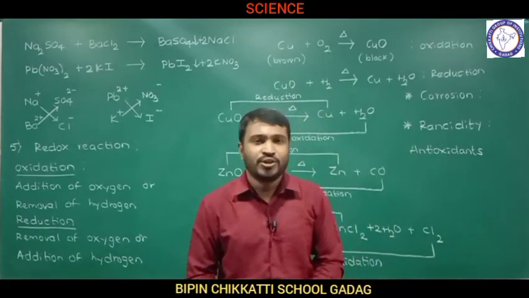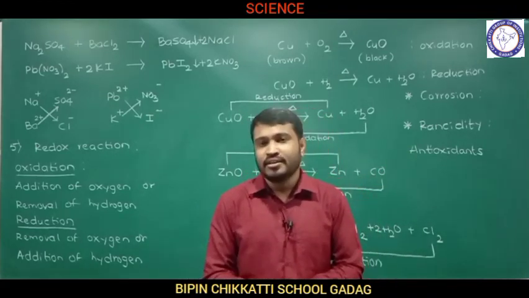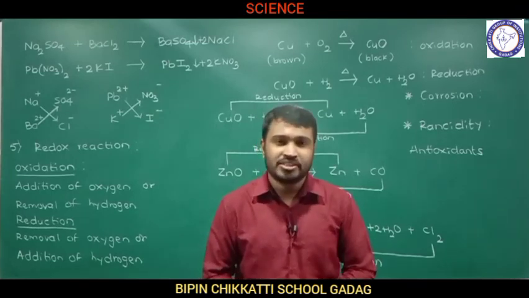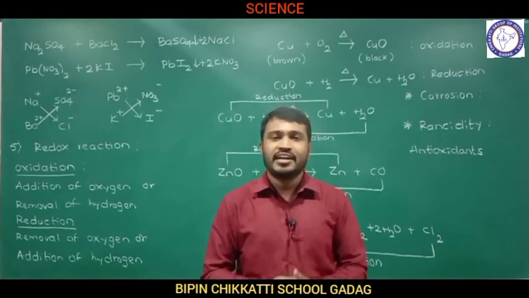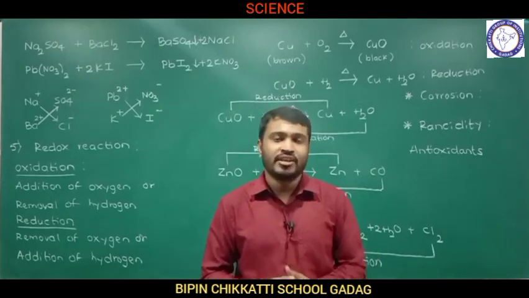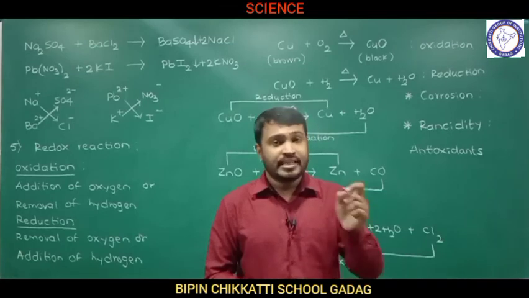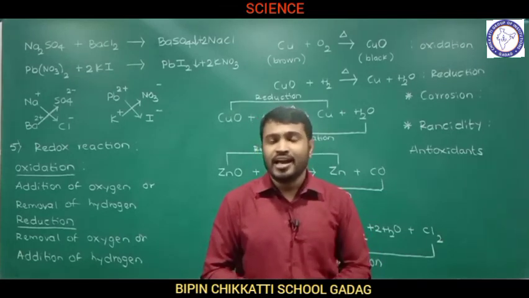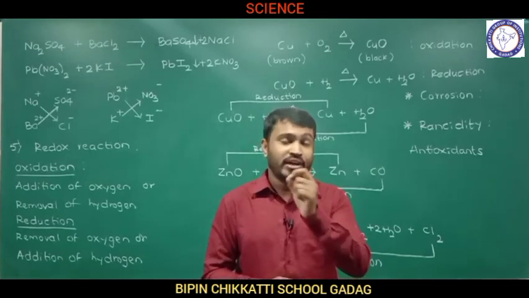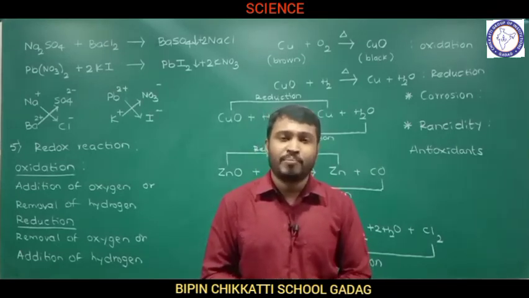So that is all about the concepts related to chemical reactions and equations. In the chapter called chemical reactions and equations, we studied physical change and chemical change, with definitions and examples. What is a chemical reaction? How can we represent a chemical equation? What is the actual meaning of balancing a chemical equation?